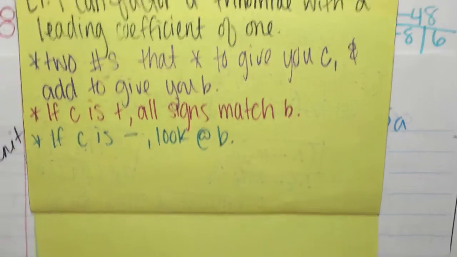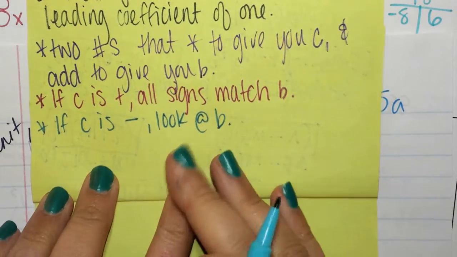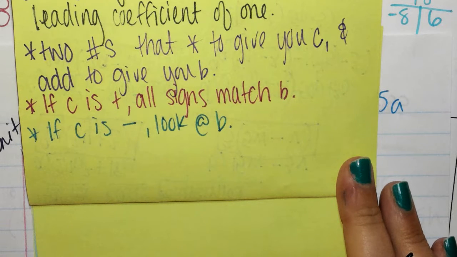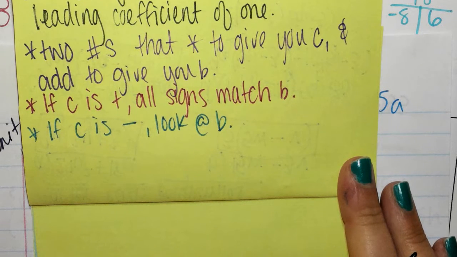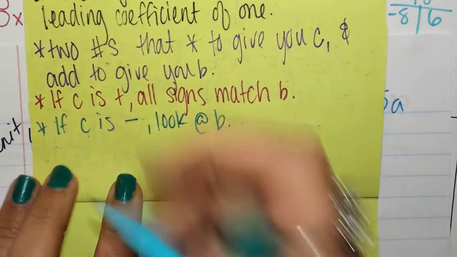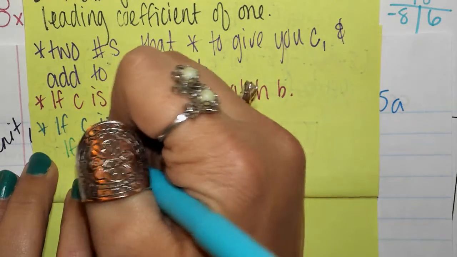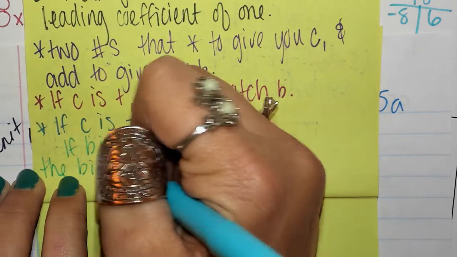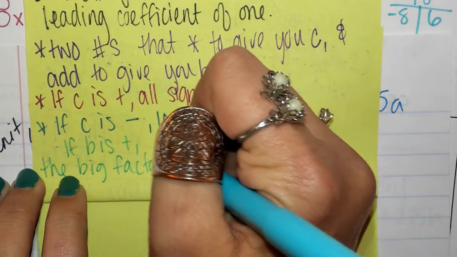Yes. So besides Saxon, because he's on a roll over there with his notes, who can tell me what happens if B is positive? Hannah? The big factor is positive. All right. If B is positive, the big factor is positive.